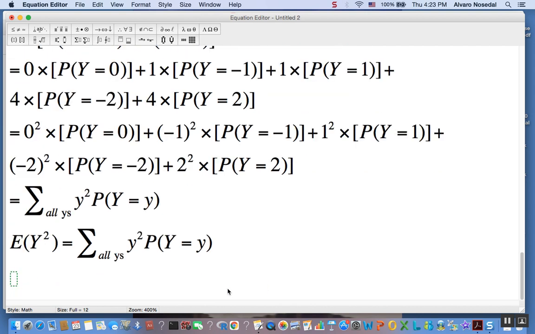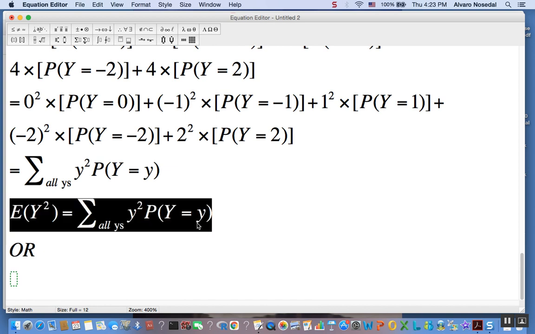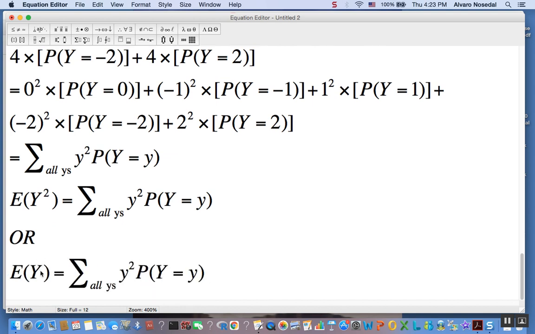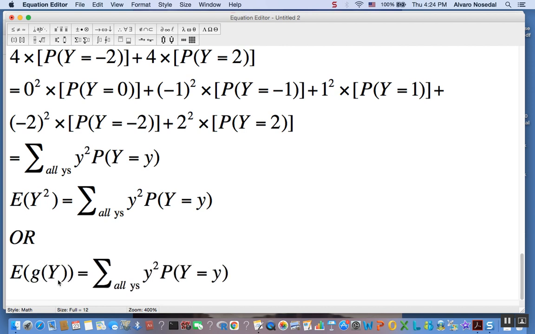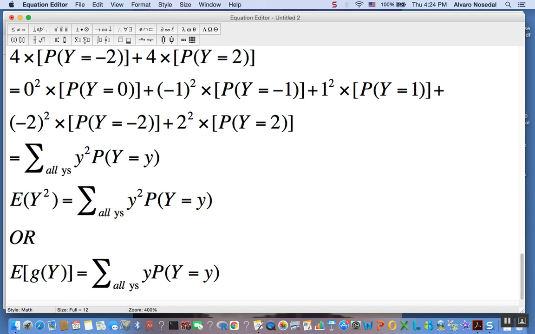Another way of writing this would be the expected value of a function of y, g of y, equals the sum of g of y times the probability distribution of the original random variable y.